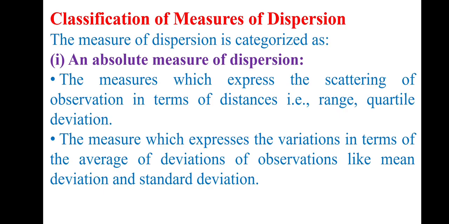At the same time, mean deviation and standard deviation will come. Range and quartile deviation express scattering in terms of distances, and then variation in terms of average of deviation, we'll talk about mean deviation and standard deviation.